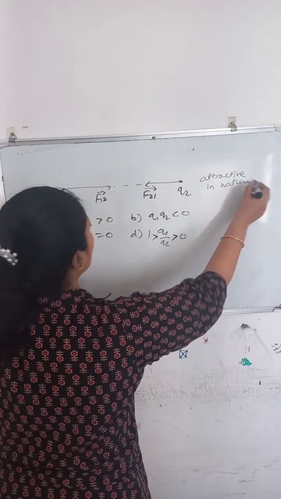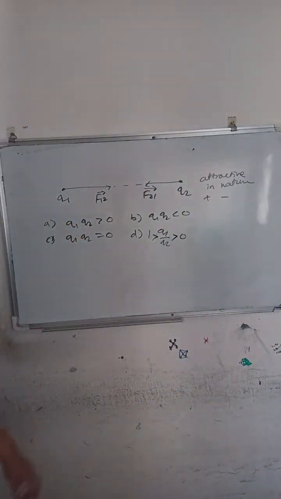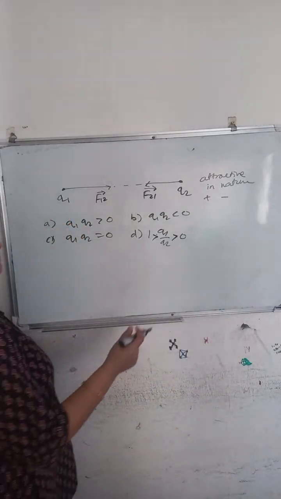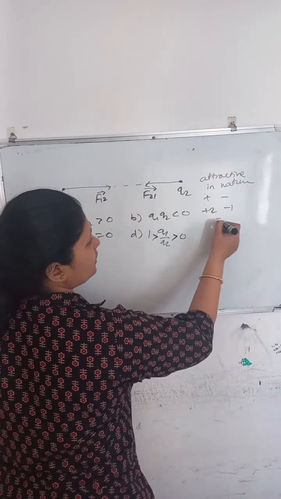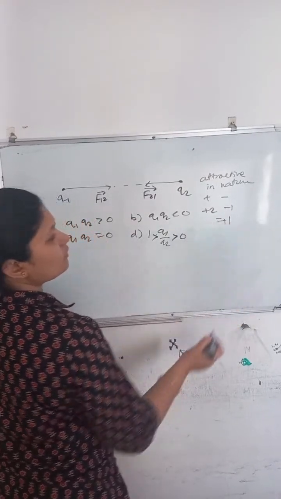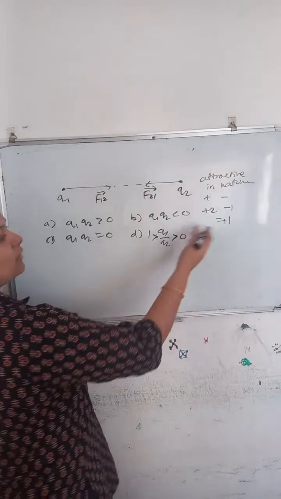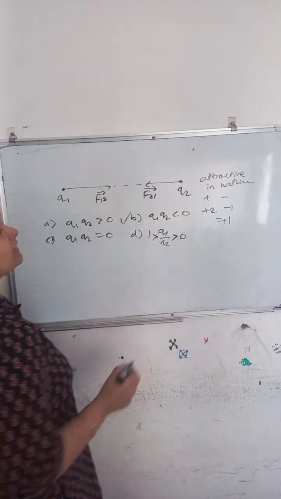Q1 and Q2 may be positive and negative only, or negative and positive. So there is an attraction. Suppose I have positive 2 and negative 1, charges are additive in nature, and I will get plus 1 coulomb of charge, correct? So the value of charge gets reduced by 1. So option B is the correct option.